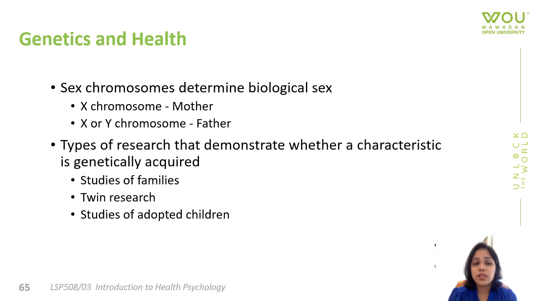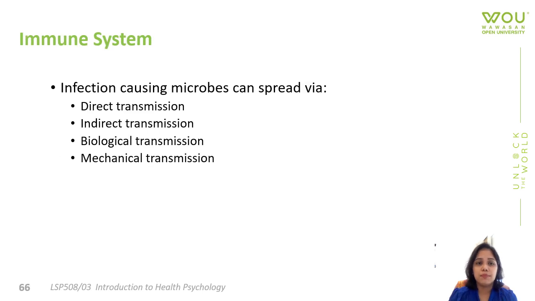There are several types of research that have demonstrated whether a characteristic is genetically acquired or not, and findings, especially with studies with families, twin studies, or even adoption studies, have shown that there is a high contribution of genetics when it comes to certain conditions.